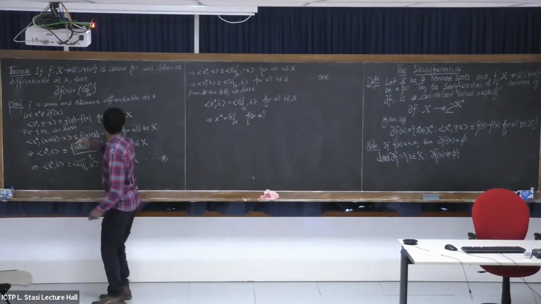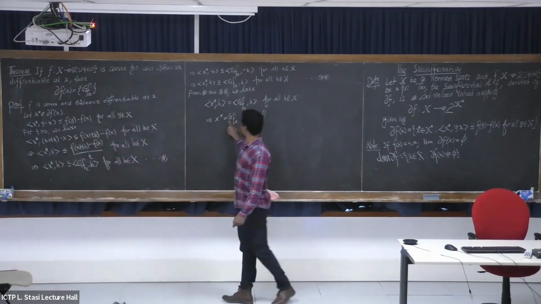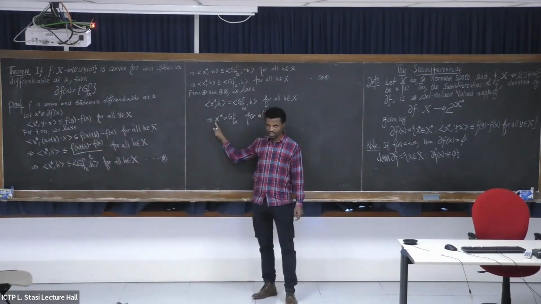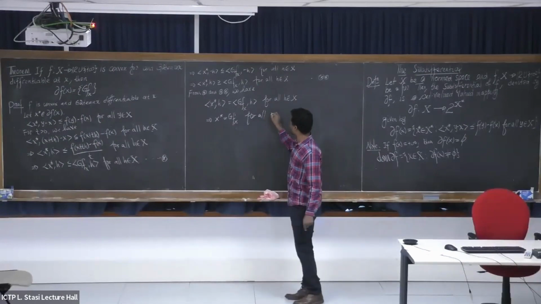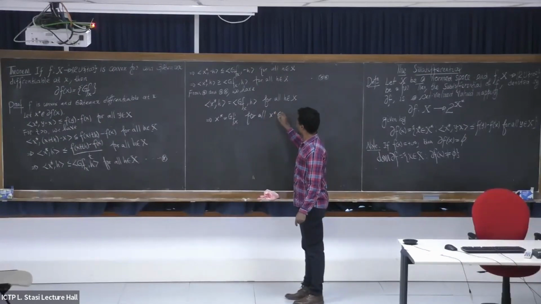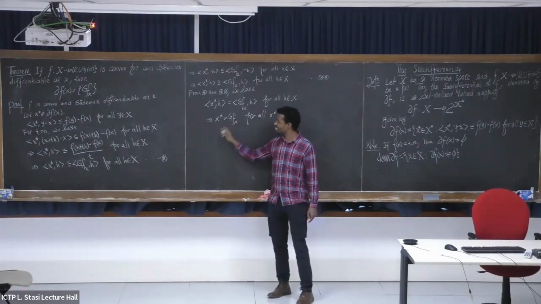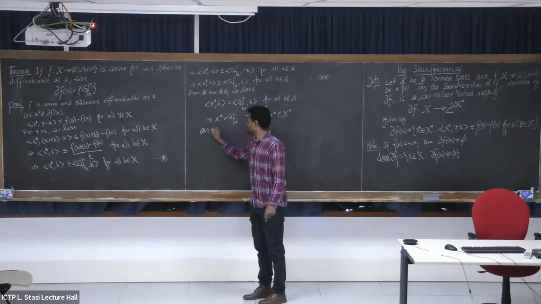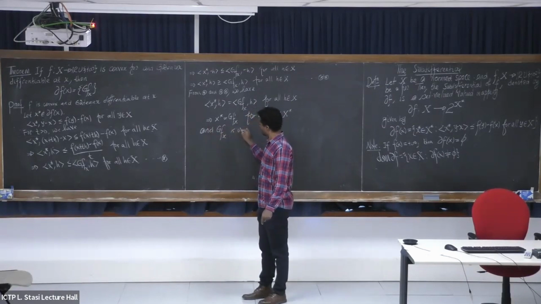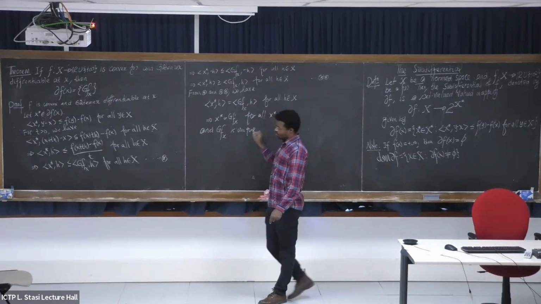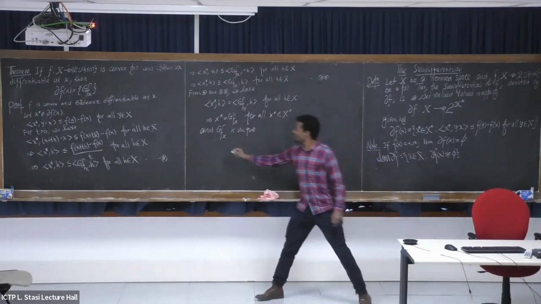Because this is a linear functional, the equality is on X. And this is unique.